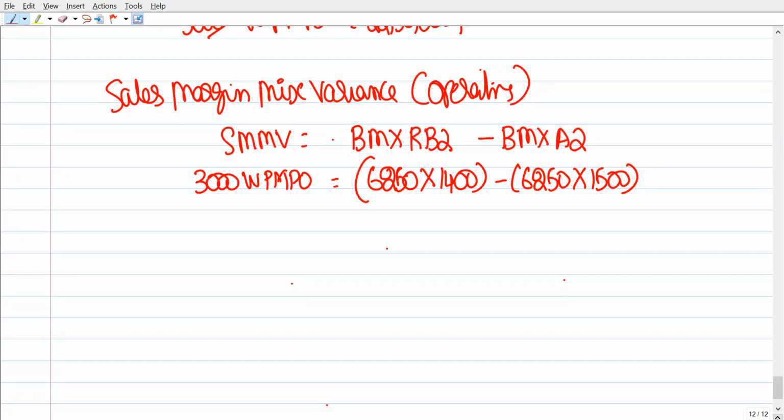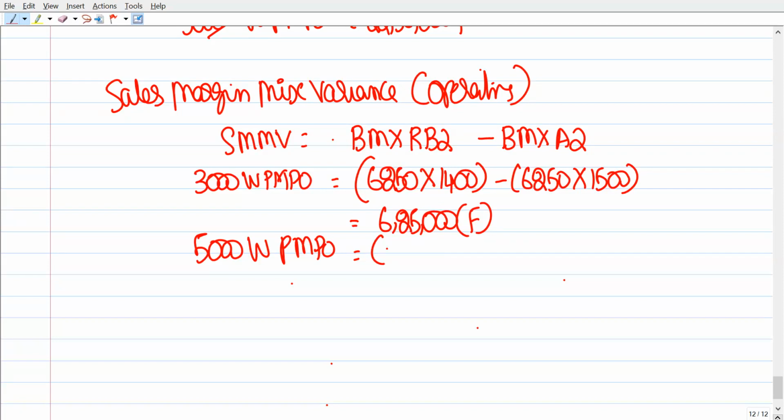Sales margin mix variance: 6250 into 1400 minus 6250 into 1500. What number do you get? 6,25,000 favorable.